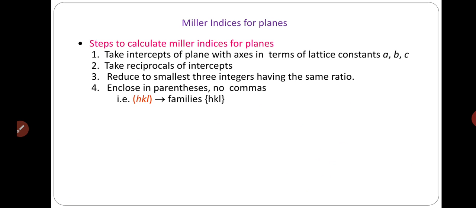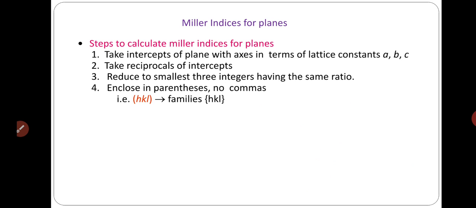Firstly, set up an XYZ coordinate system with the origin at any lattice point and the axes lined up with the edges of the cubic unit cell. The three integers describing a particular plane are found as follows.